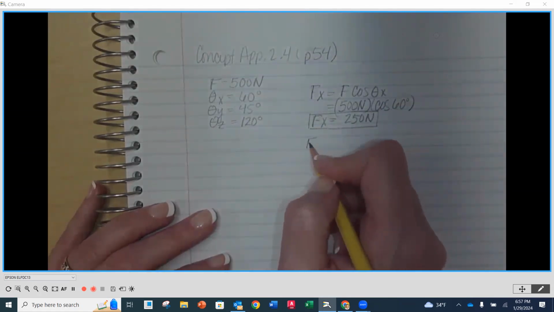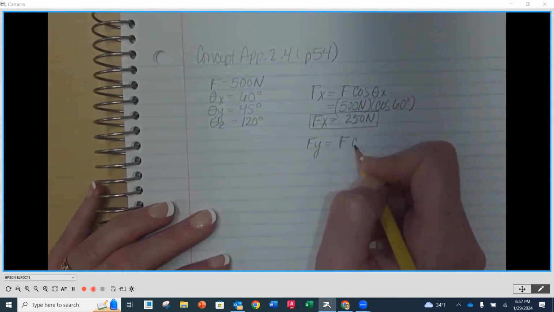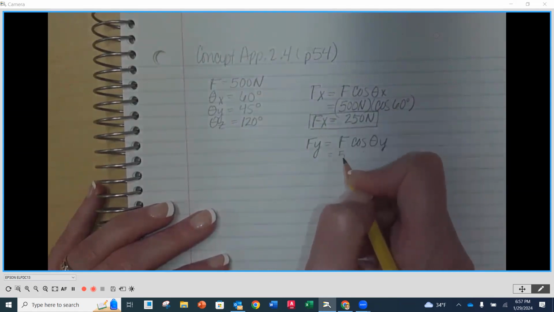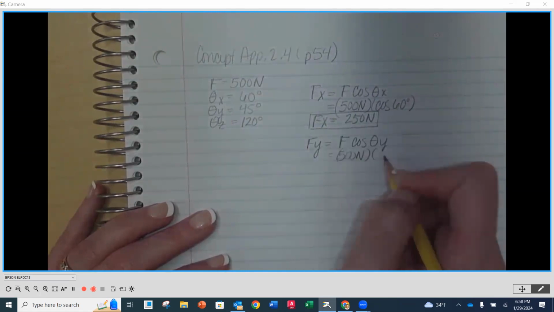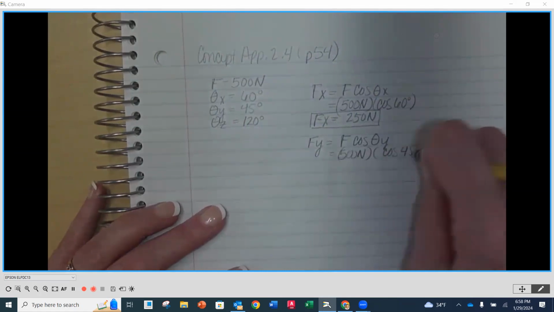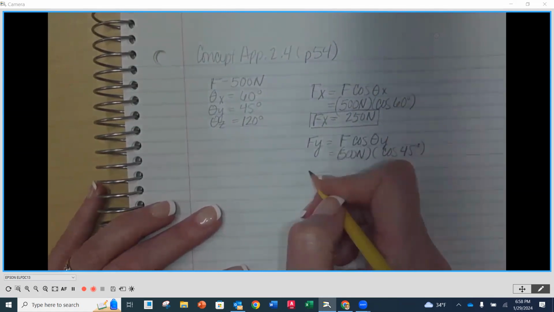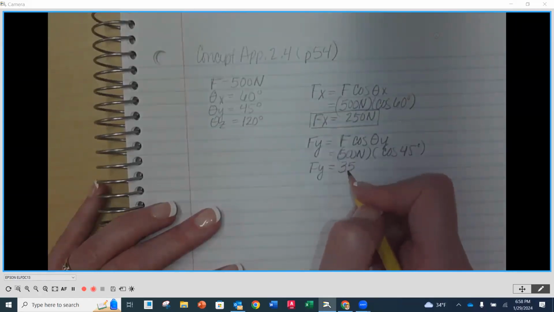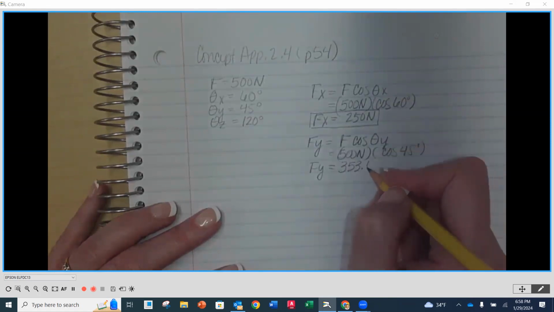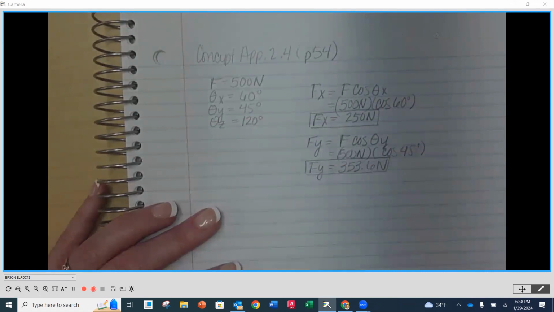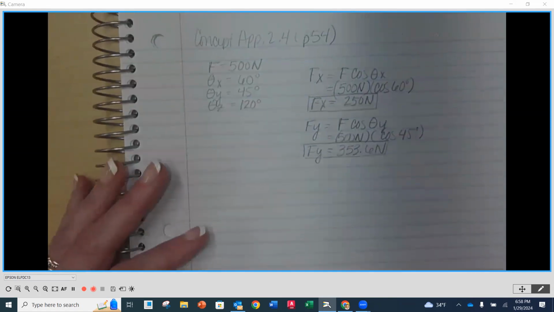Good. Fy then is going to be F times the cosine, this time of theta Y, or 500 newtons times the cosine of 45 degrees. So our Fy should come out to be 353.6 newtons. Okay. And then go ahead and do your Fz.